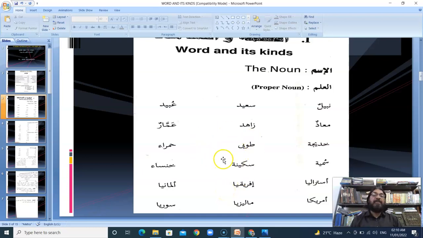So all these are the names of particular persons or names of particular countries, and such particular names don't have the alif lam in the beginning of the word. Still they will be considered as proper nouns.